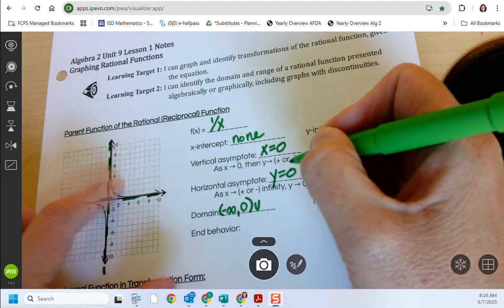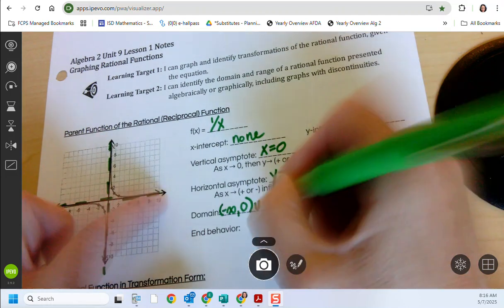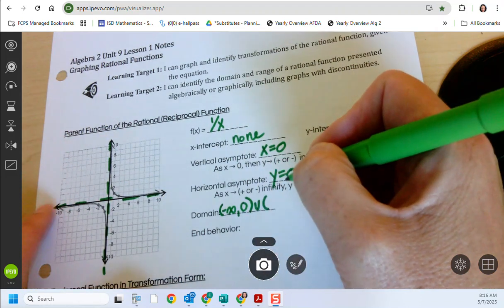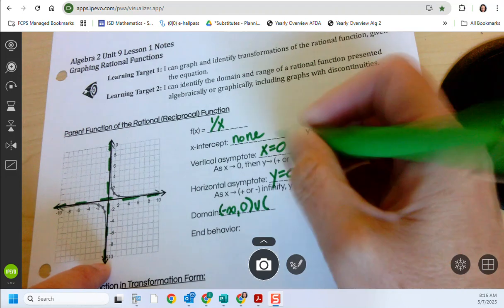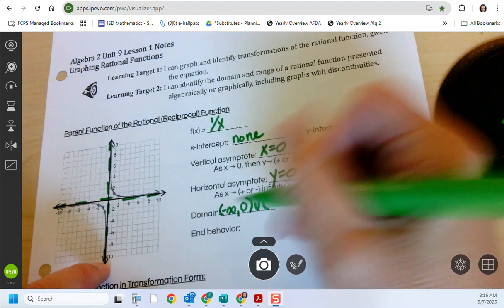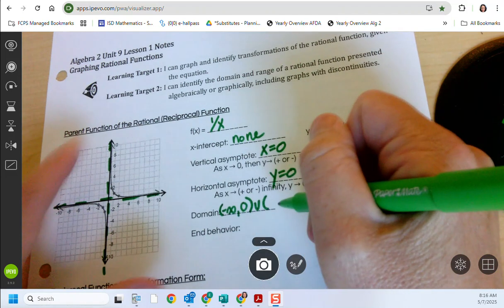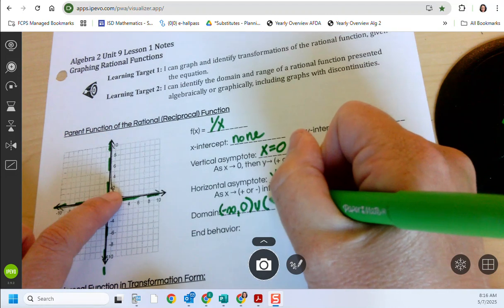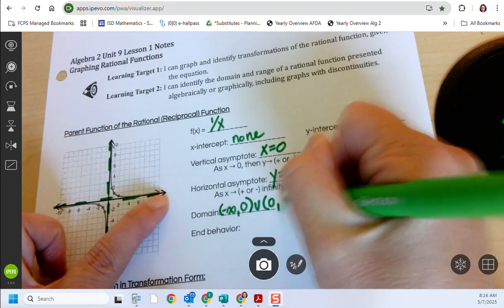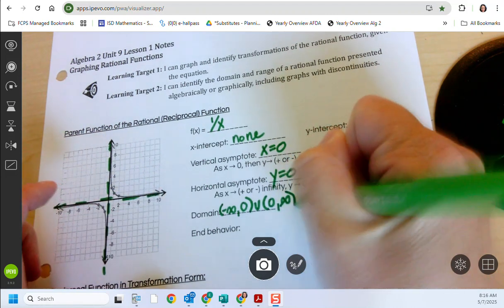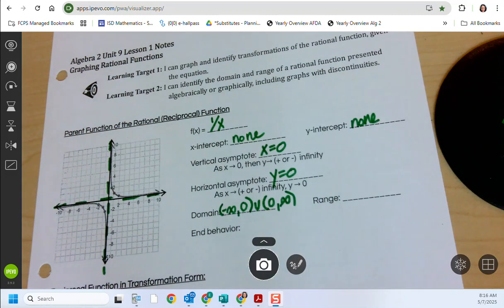But then there's another piece over here, right? So there's two pieces to this function. So this piece is negative infinity to 0, and then the u is union, means this and this. The other piece starts right after 0, and it goes to infinity. Okay, so your domain comes in two pieces.